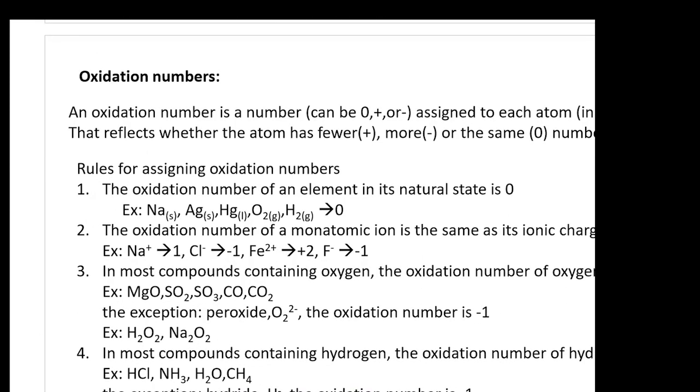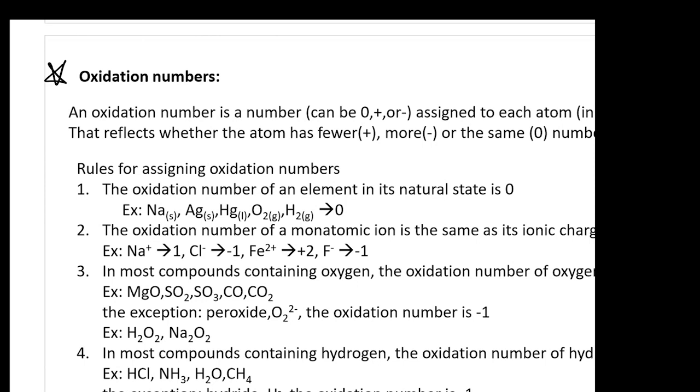So in order to figure out how the electron is flowing from one species to another, one very, very important thing is to know how to calculate the oxidation number of an atom. This is the most fundamental thing that you want to master. The oxidation number can be positive, 0, or negative.